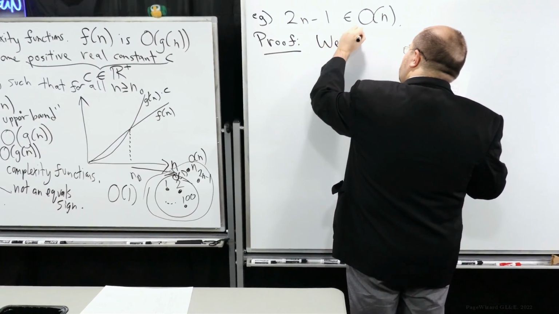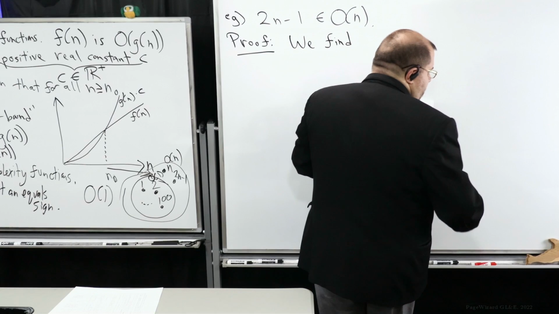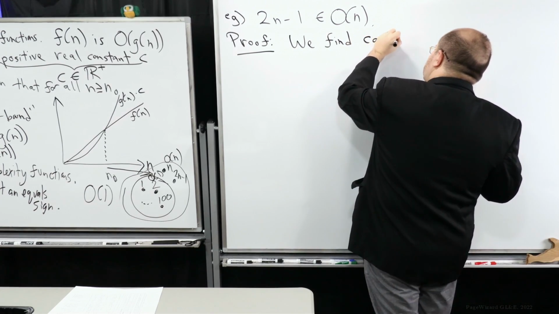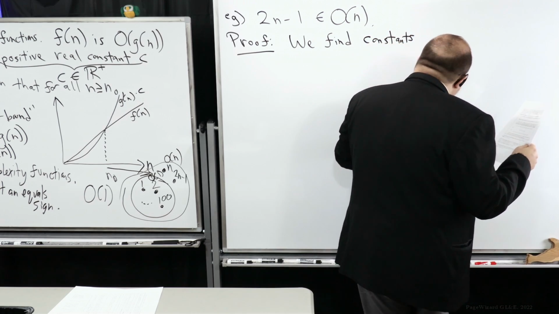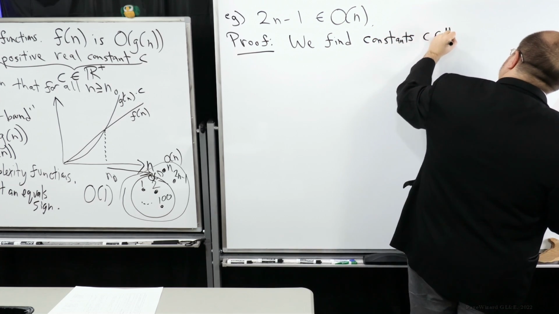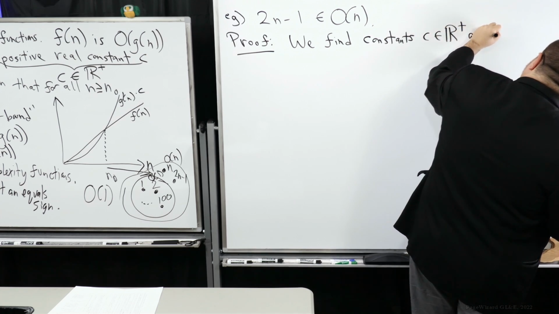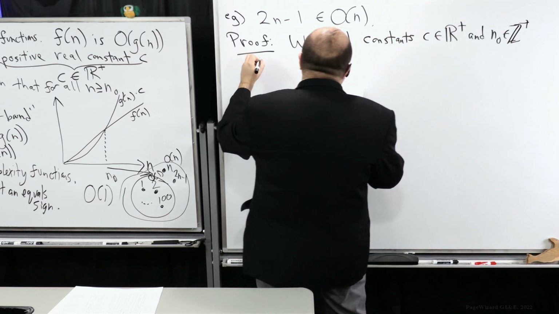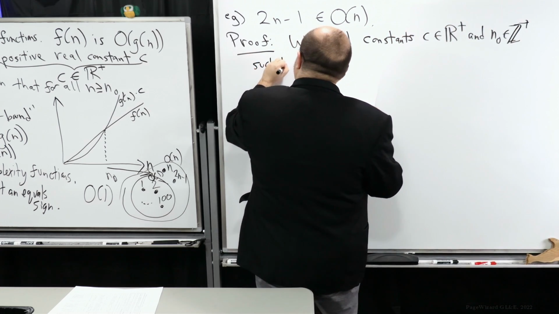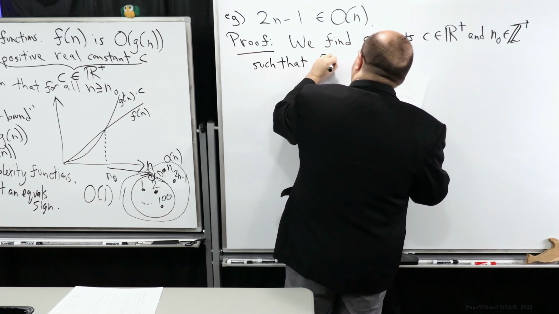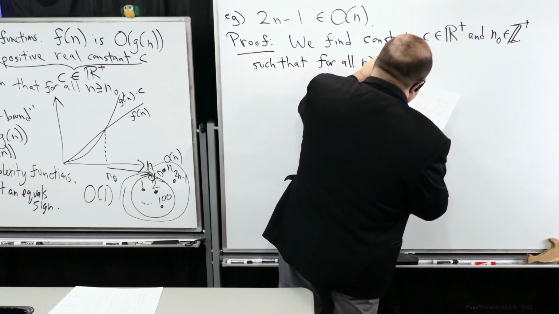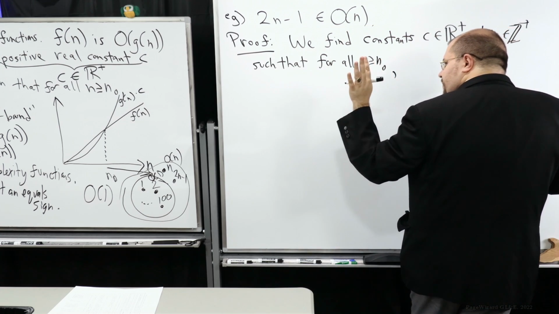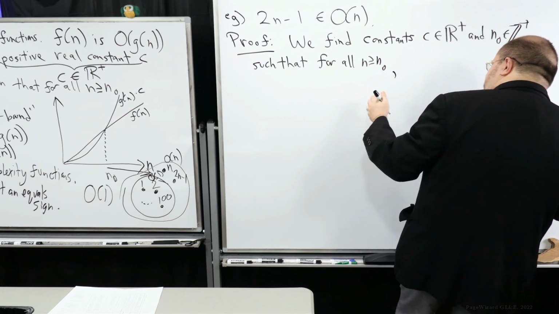So we find constants c, which is a positive real number, and n0, which is a positive integer, such that for all n greater or equal to n0, what was the inequality again? It's f of n is less or equal to c times g of n, right?